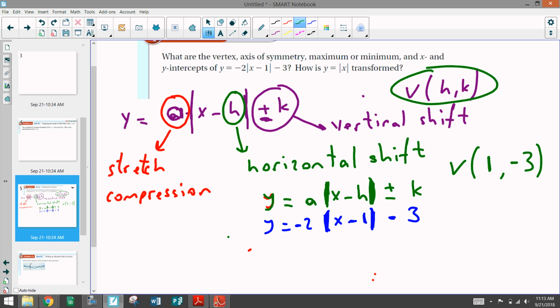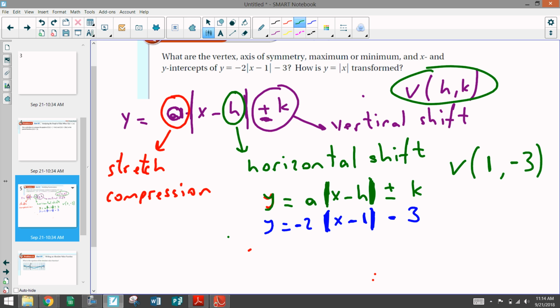When I look back at question number 8, it's telling me that the vertex is, okay, wait a second, let's finish this question first. What is the vertex? 1 and negative 3. At the same time I can determine the axis of symmetry. What is the axis of symmetry?